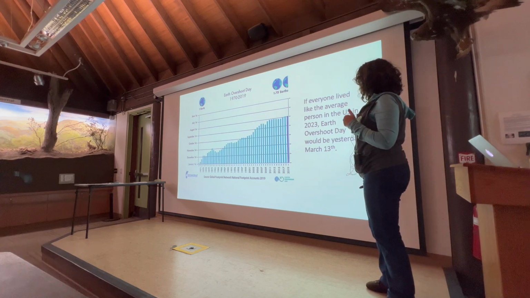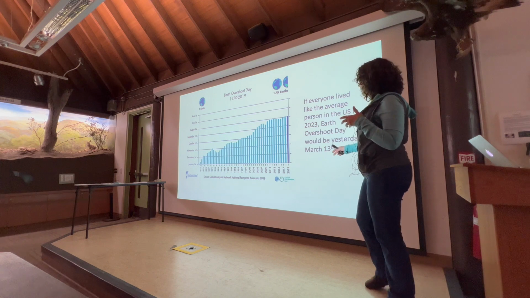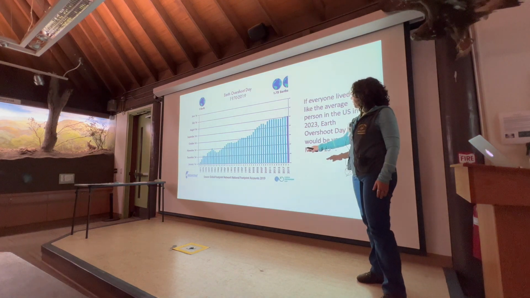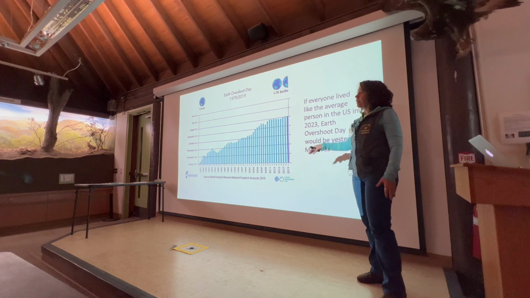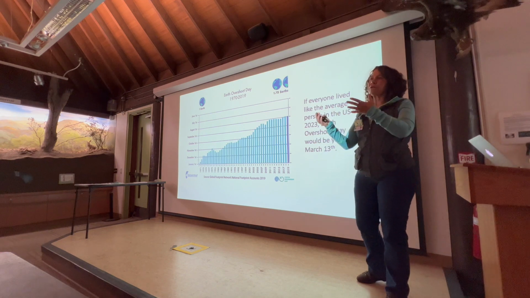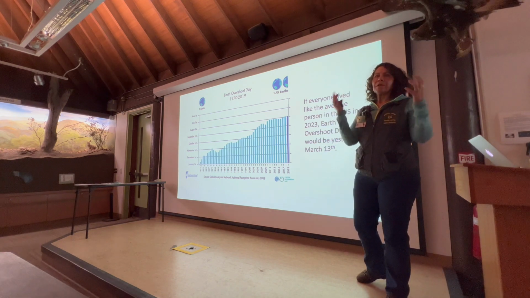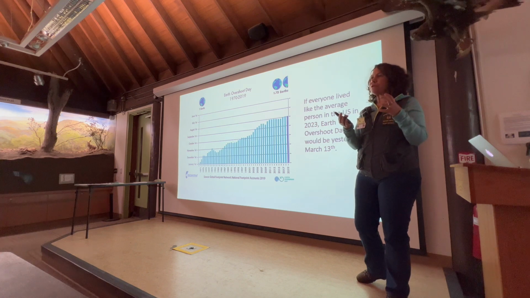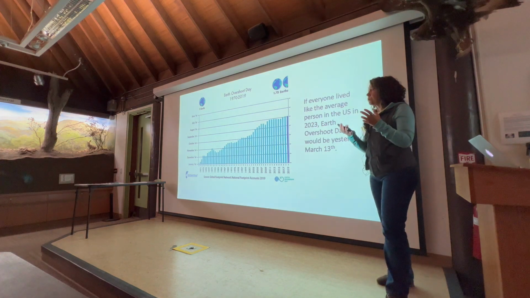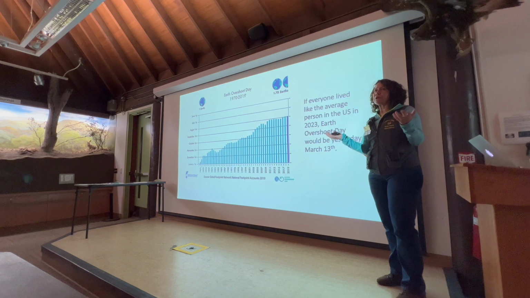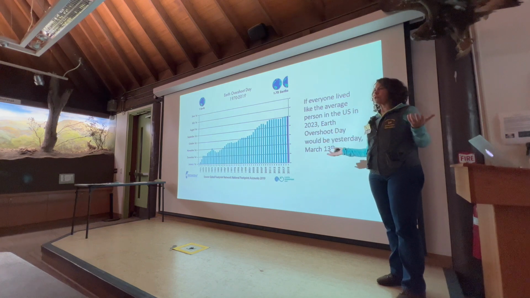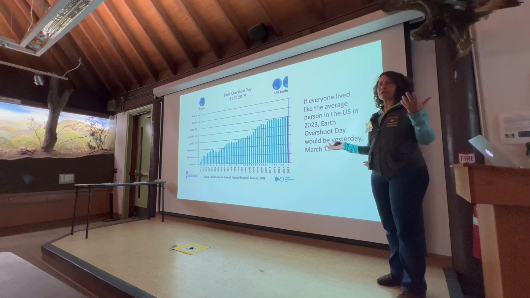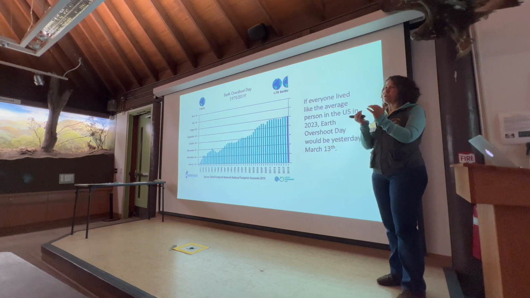Another thing you can do with an ecological footprint calculator is to look at the average resource use for the average American. Because we live in a big country, we drive a lot, we travel a lot, we're mostly wealthy on the global scale, not universally, just on average.